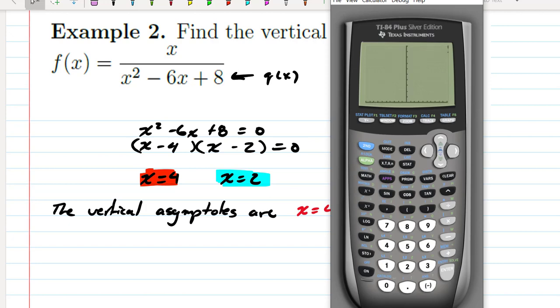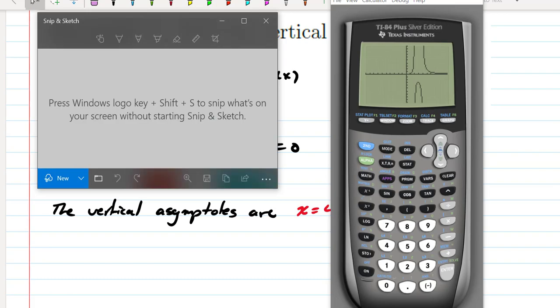And if I go ahead and graph this thing, oh, my window's all messed up, so let me fix that. I go to zoom, choose choice number 6, and we get a picture that looks something like this.